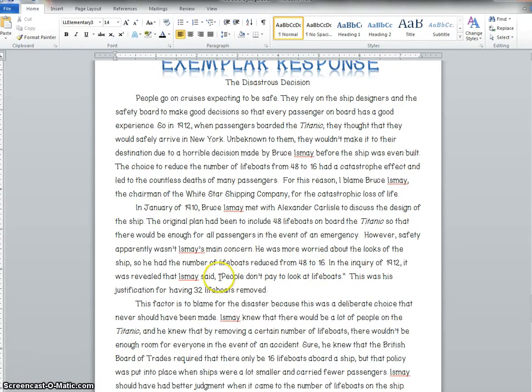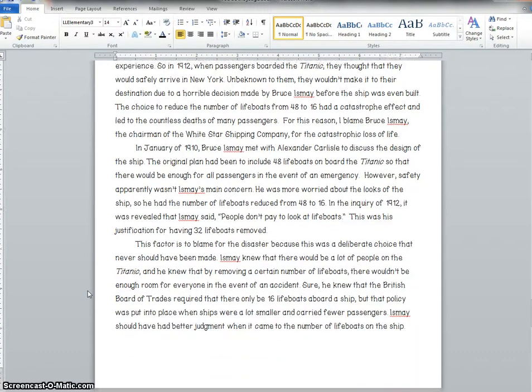And finally, I used a specific direct quote from Ismay right here when I said people don't pay to look at lifeboats. So this indicates that I read the story or I watched the video and I was able to use details from that to support my opinion. You have to make sure that you do the same. You need to make sure that you include at least 2 details from the video field trip or from the story to support your opinion about who's to blame.